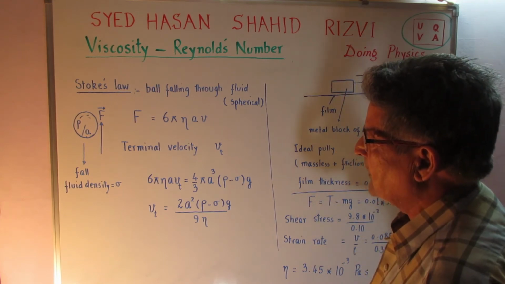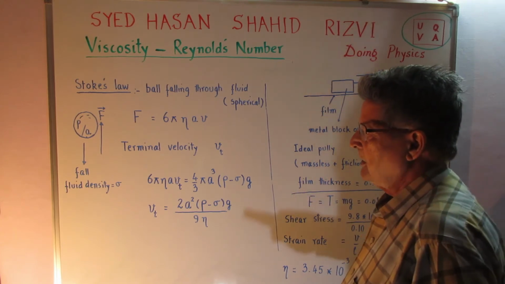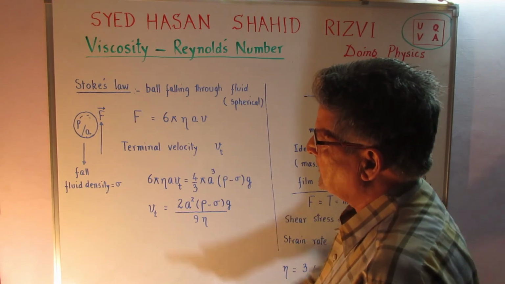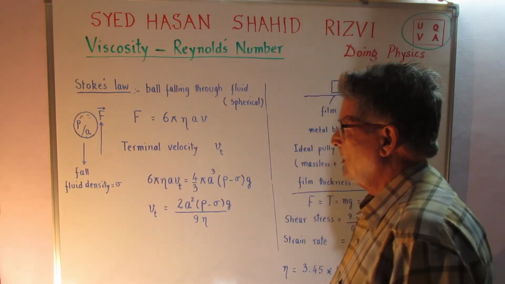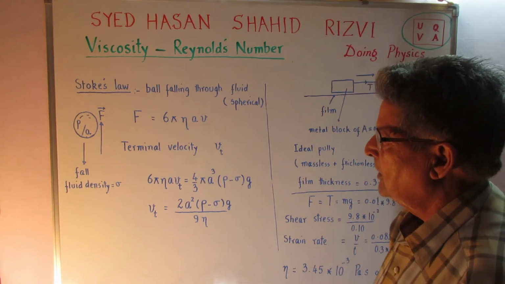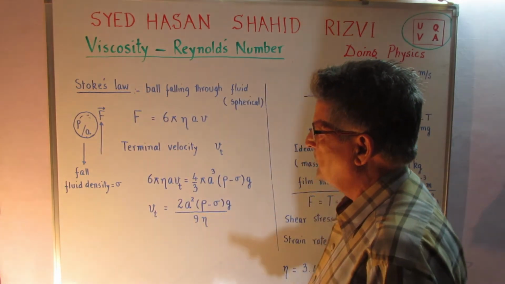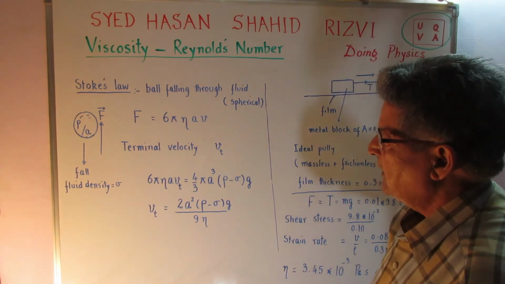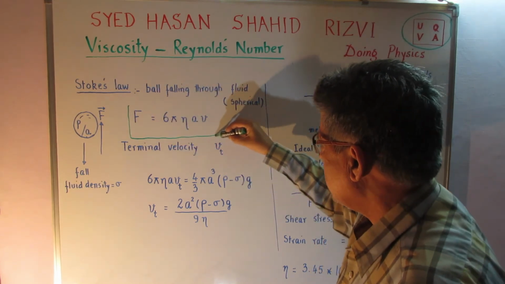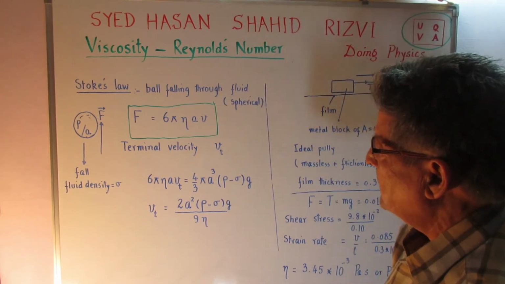This is the force acting on this ball in the upward direction. If the fluid density is sigma and the material density of the spherical ball is rho, and A is the radius of that sphere, then we find that F is equal to 6 pi eta AV. Now this is an equation which has been obtained.